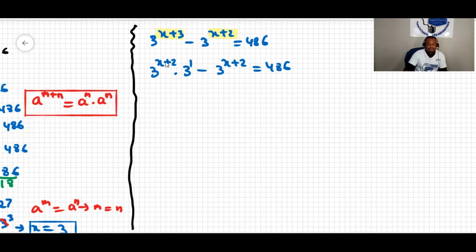We can break this one down into 3 to the x plus 2 times 3 to the 1, because if you combine the two, it's going to be... Let me write here. I'm going to add one more step.